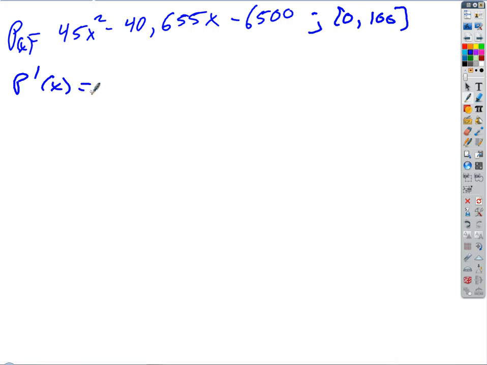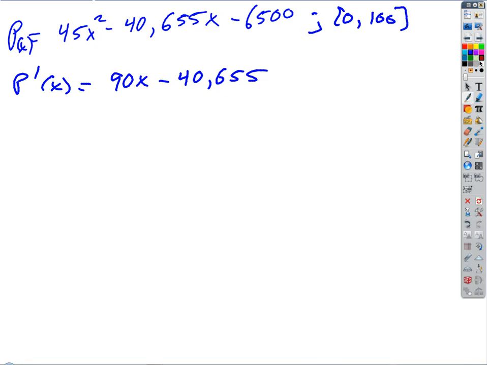So what's P prime? 90x minus some big number, right? 40,655, from the last part. Wow, that's going to be a big number. I have to believe there's a mistake in there somewhere, but maybe not. We'll double check. If I set this equal to 0, where does this equal 0?